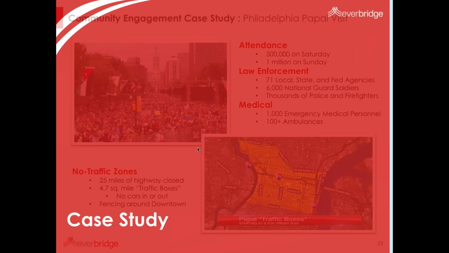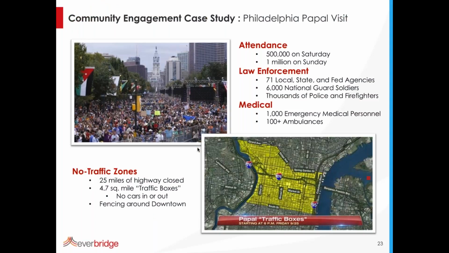And just to highlight one recent case study, late last year, the Pope visited the city of Philadelphia, obviously with 1.5 million visitors anticipated over a weekend. The city was looking for ways to manage the influx of visitors to the city. A lot of coordination across multiple groups within the city, obviously.